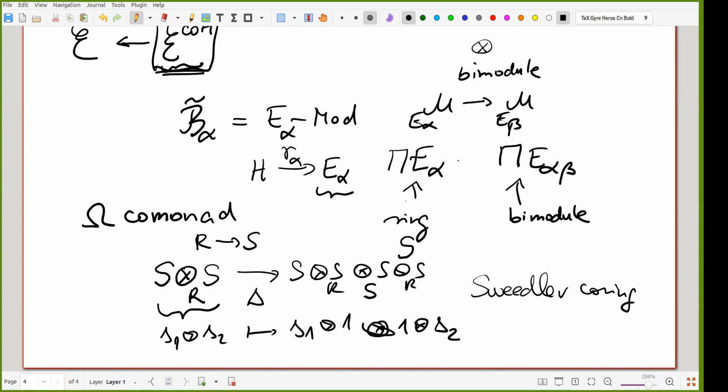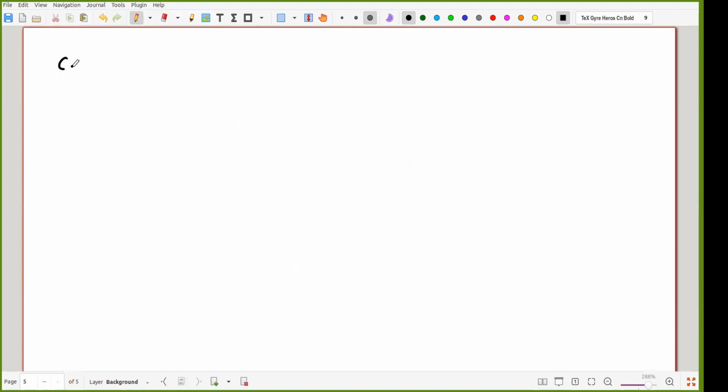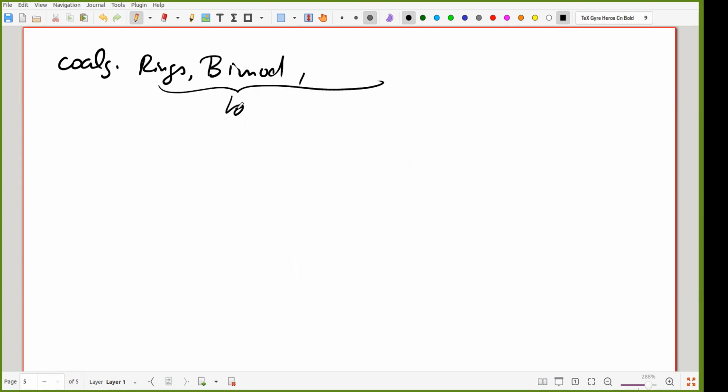So co-algebra in general, in the category I have rings, bimodules, and so I have a usual bicategory: rings, bimodules, and bimodule morphisms.